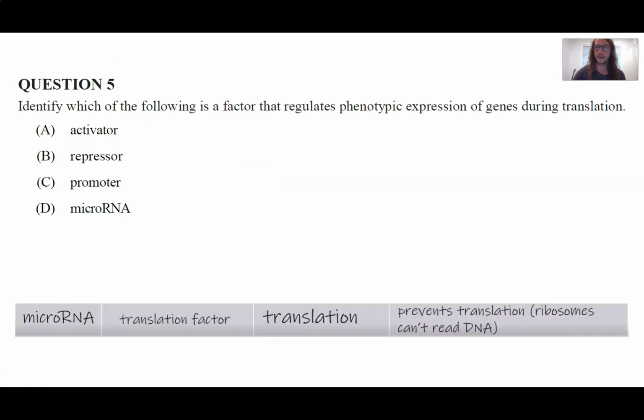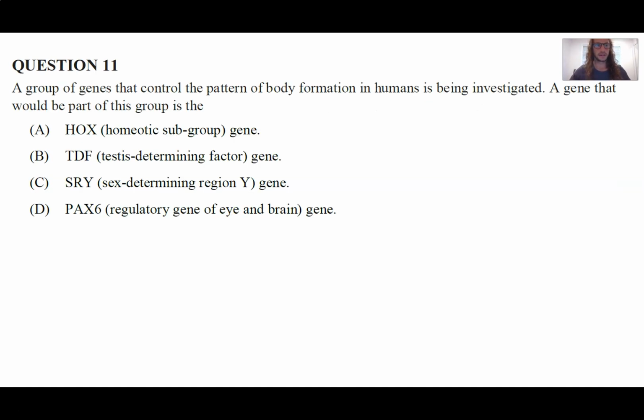Question 11. And by the way, QCAA says to identify and recall. So those are the verbs coming into play here. It's not asking you to write a big short answer on microRNA. Don't need to do that. Question 11. A group of genes that control the pattern of body formation in humans, morphology, so that's like thorax, abdomen, is being investigated.